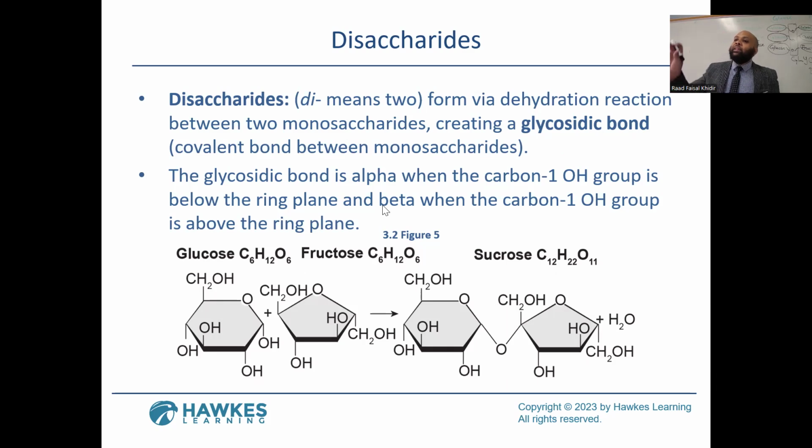Because remember, in the dehydration we're going to remove water. So it's called dehydration synthesis. I'm going to stick them together by removing water. So you see here, I removed an OH here and an H here. So the water came out for them to stick together and make a glycosidic bond. Make sense?